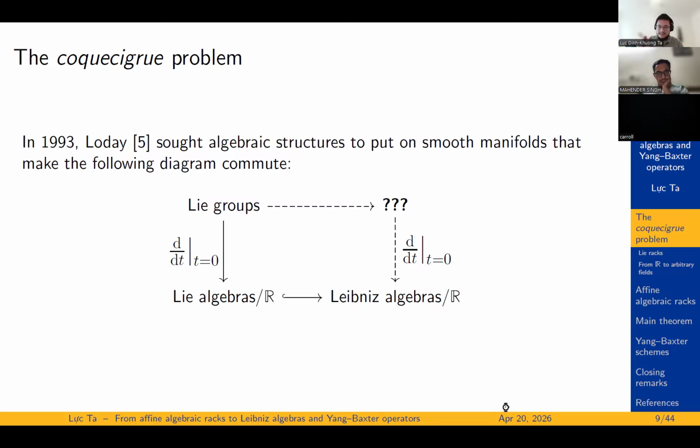With the stipulation that since Lie algebras are a subcategory of Leibniz algebras, our geometric object should somehow recover the fact that there's a functor from Lie groups to Lie algebras. So in other words, there should be something in this corner here such that this diagram commutes.